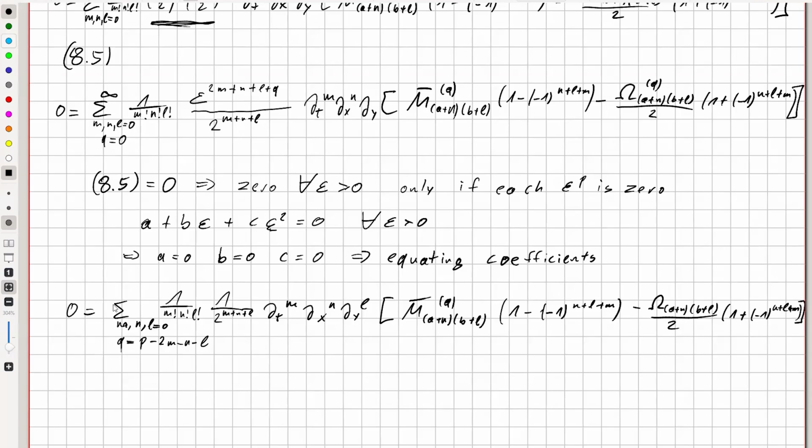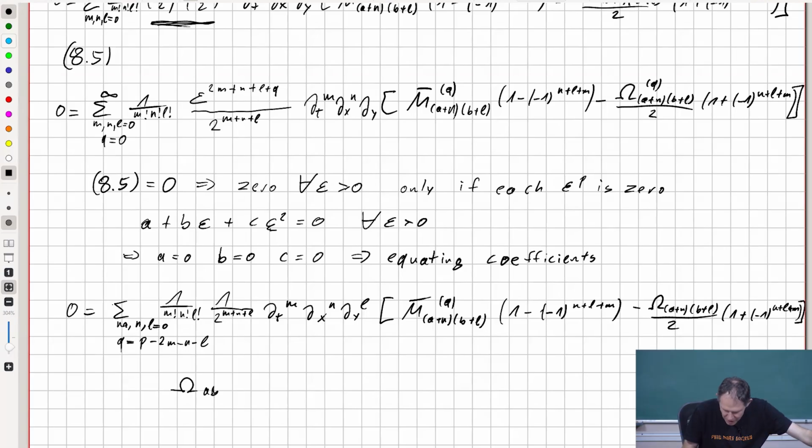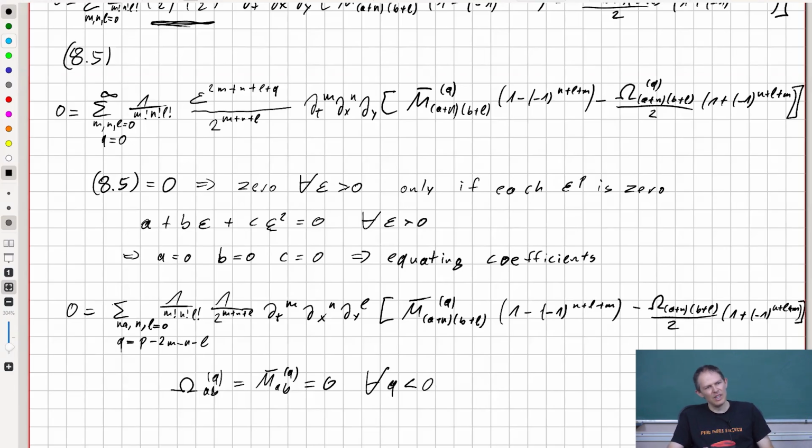But in our expansion, we had only positive orders of omega and m. So what we have to assume here is that these are 0 for all q smaller than 0. So this sum is automatically terminated.